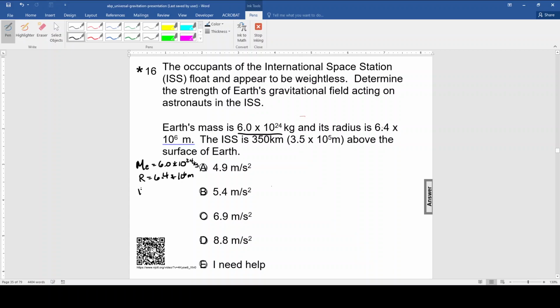The height is 3.5 times 10 to the 5th. And the gravitational constant is 6.67 times 10 to the negative 11. Now, the gravitational constant has newtons times meters squared over kilograms squared, but we're just going to ignore them for our purposes.